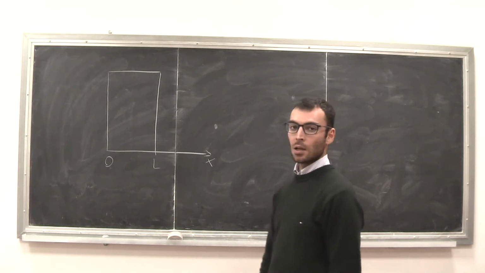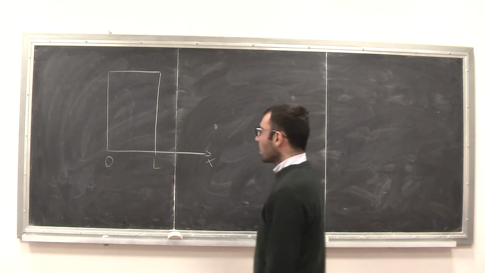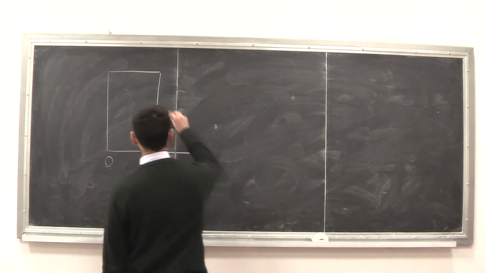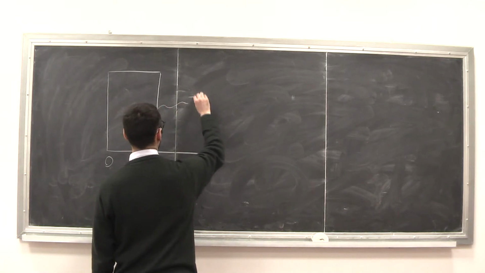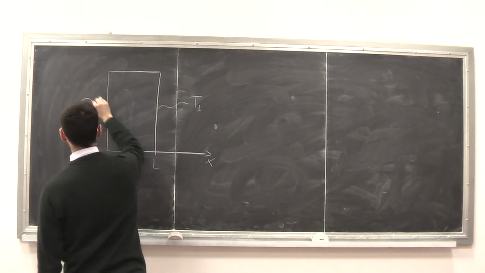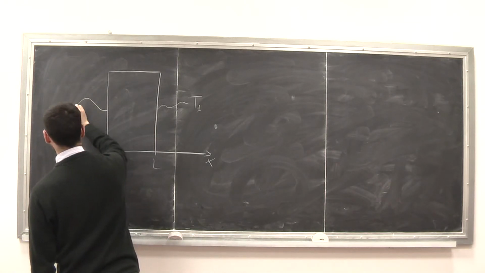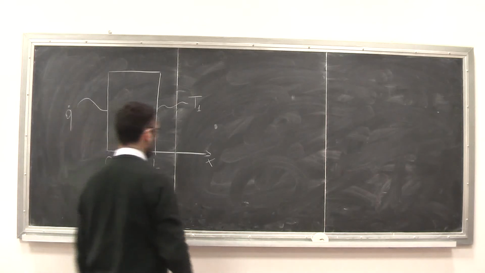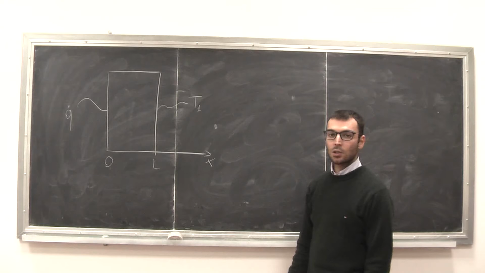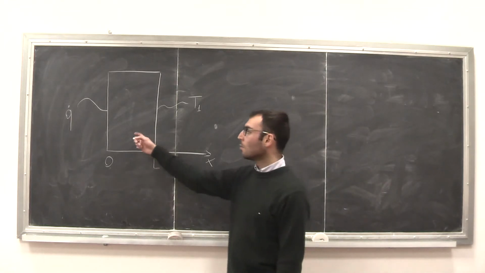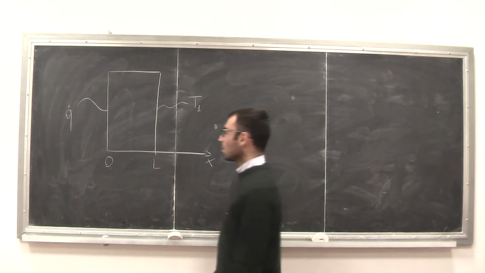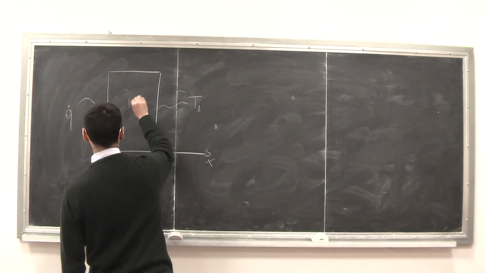Let's see how. We know that we have an assigned temperature on this wall, let's call it T1, and we have an assigned heat flux, let's call it Q dot, on the other wall. So we have a conduction problem, because the wall is made up of a solid material of thermal conductivity K.